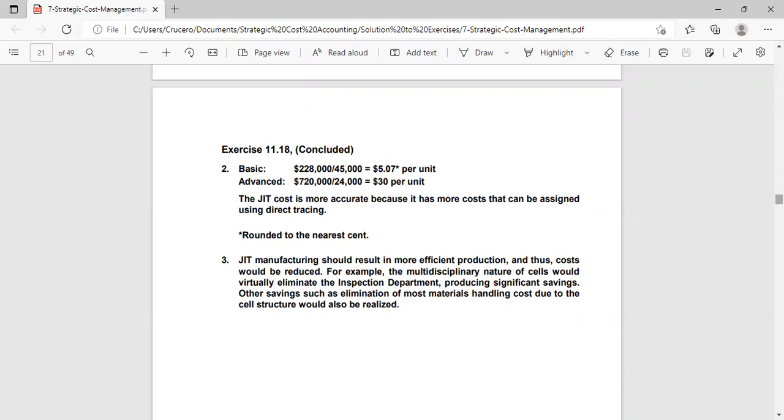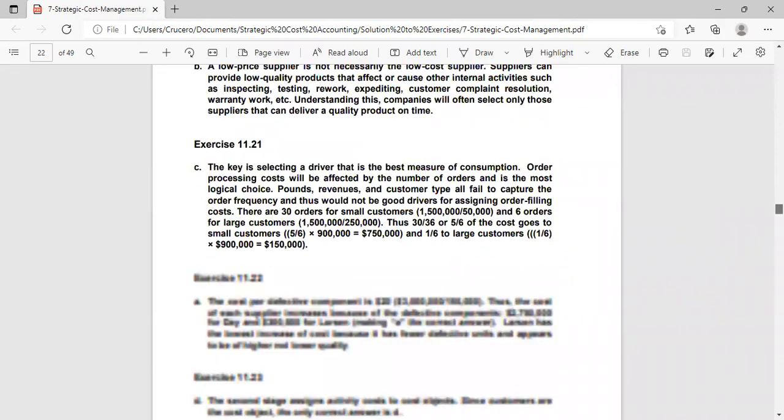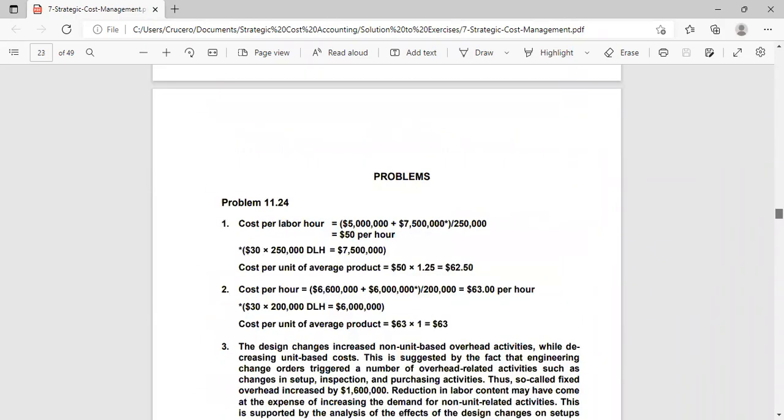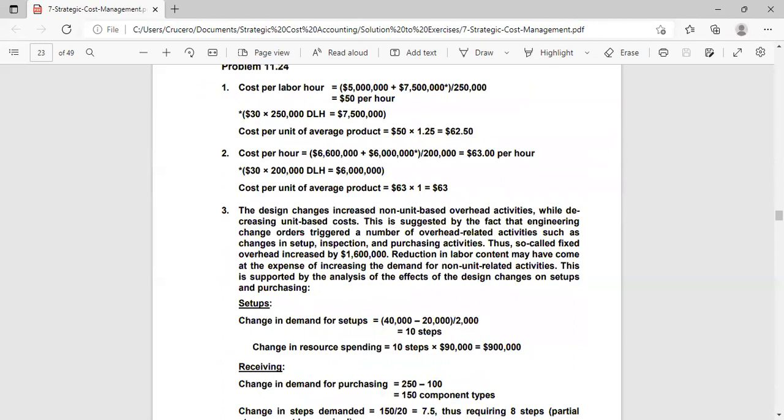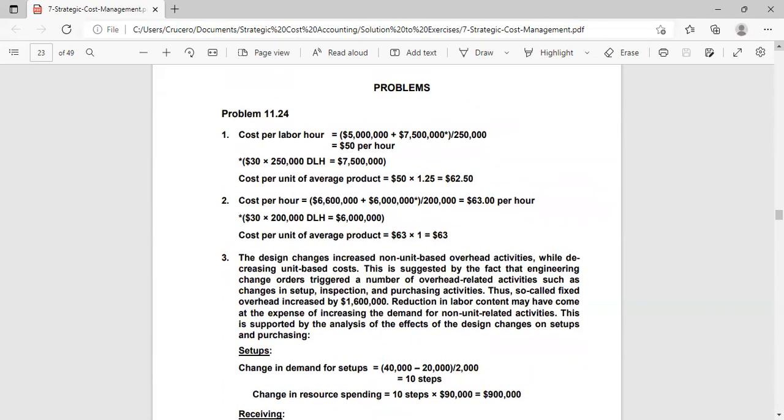7-24. Internal linkages, cost management, and strategic decision making. Using normal volume, compute the manufacturing cost per labor hour before the year of design changes. What is the cost per unit of an average product?